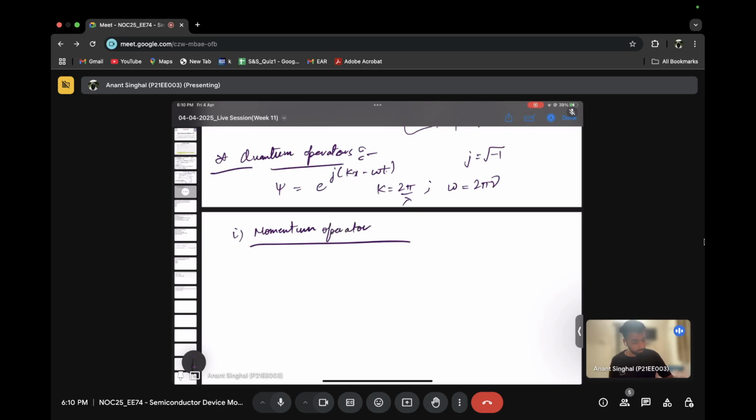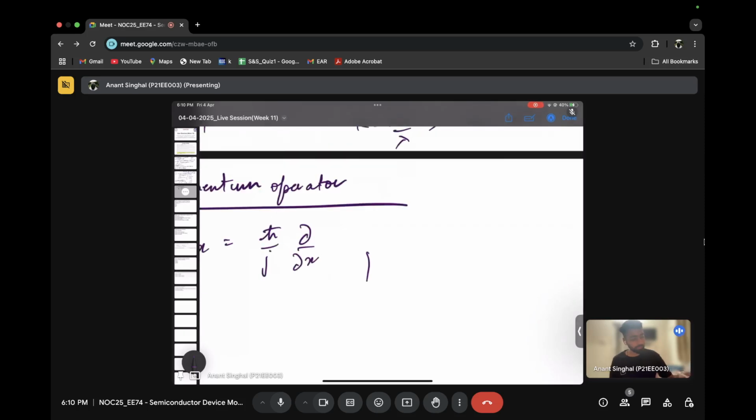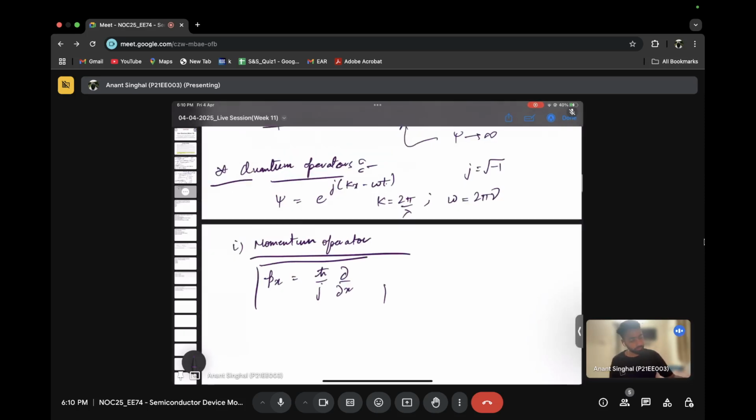So momentum is denoted by P, and the momentum operator is h cross by j, where j is again the iota, times del by del x. So the momentum operator is a function of position. Similarly, we have the energy operator. The energy operator is denoted by E, and energy is basically a function of time.